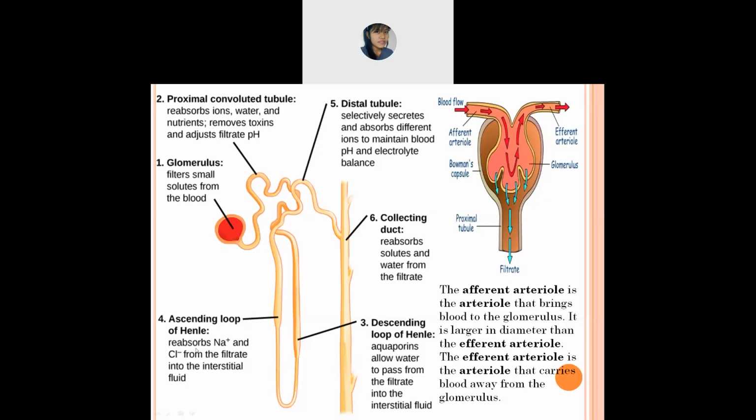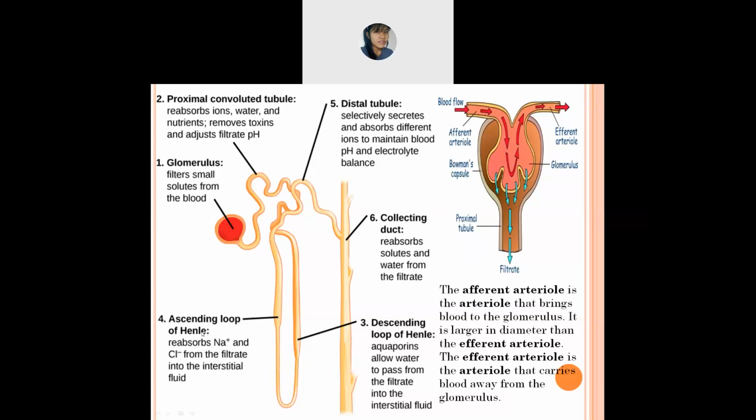So here reabsorption will occur, that is reabsorption of sodium and chloride from the filtrate into the interstitial fluid. Reabsorption of sodium and chloride again will happen from the filtrate into the interstitial fluid.